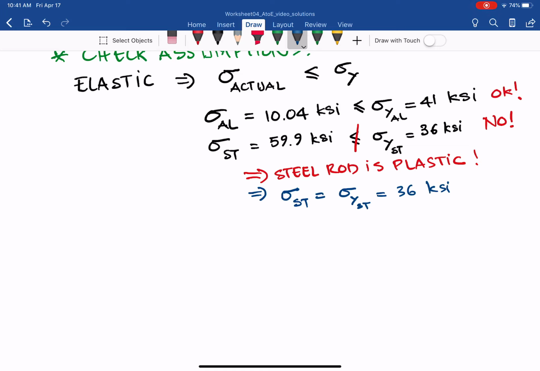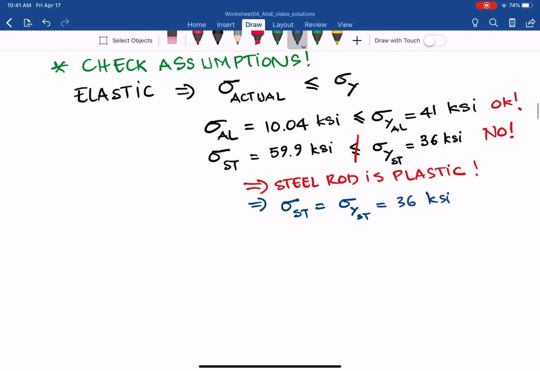So from that we have sigma steel for the steel rod equal to the yielding stress, 36.